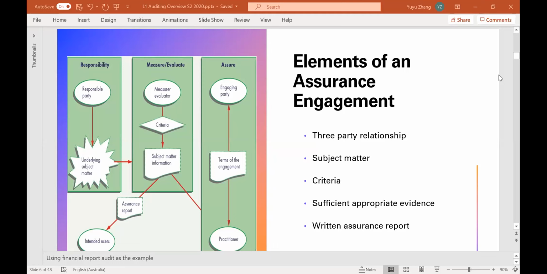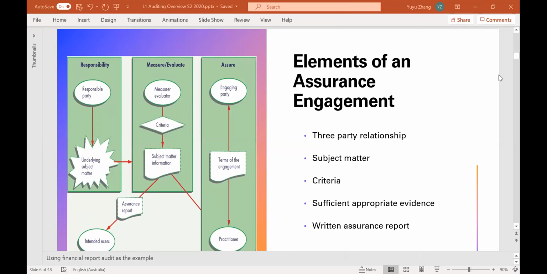The financial statement is the reflection of the financial performance and also the financial position of the company's overall performance. So in this case, what is the subject matter? That is the company's financial performance and the company's financial position.